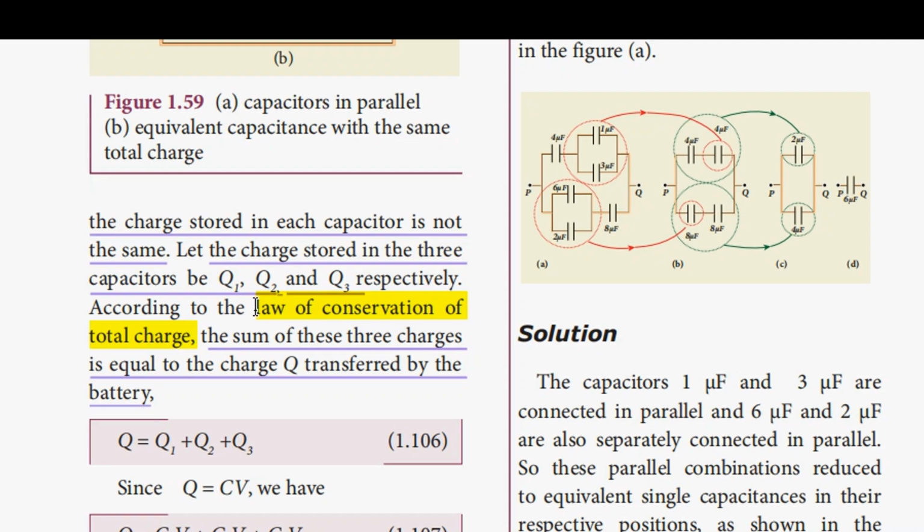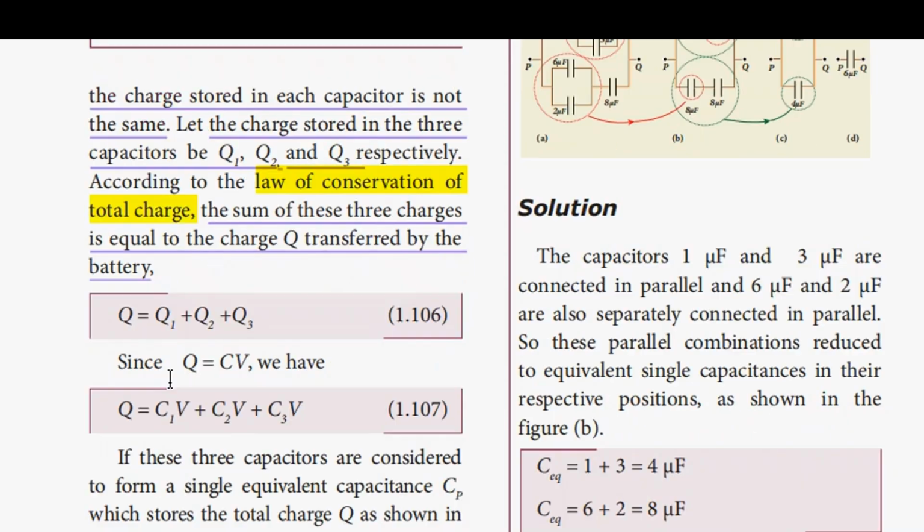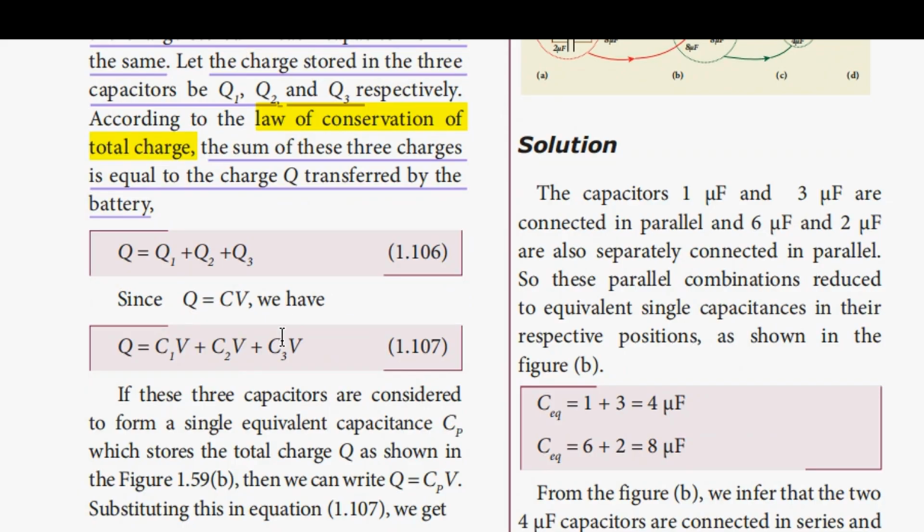According to the law of conservation of total charge, the sum of these three charges is equal to the charge Q transferred by the battery. So we can get the expression as Q equal to C1V plus C2V plus C3V.